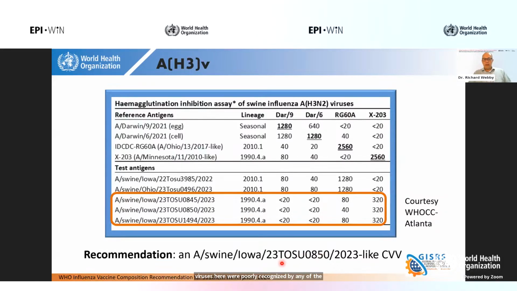So we recommended a new H3N2-like CVV, again, to represent this group of viruses circulating in swine that we know have the capacity at least to transmit from animals to humans.